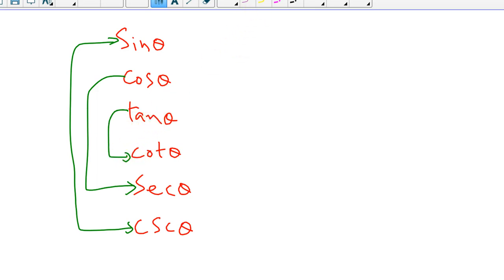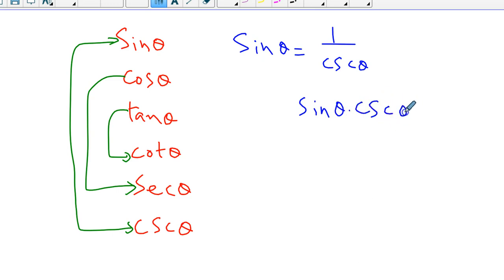Suppose I write sine theta is equal to 1 over cosecant theta. When you multiply those two, I can also say sine theta times cosecant theta is equal to 1.